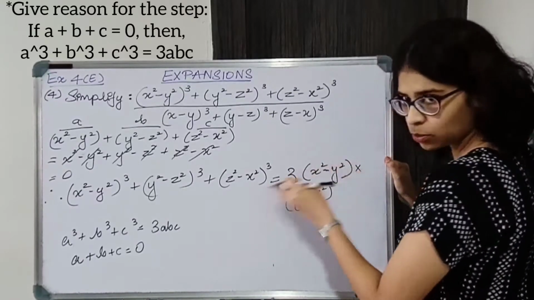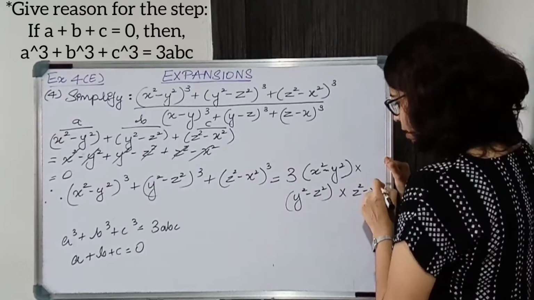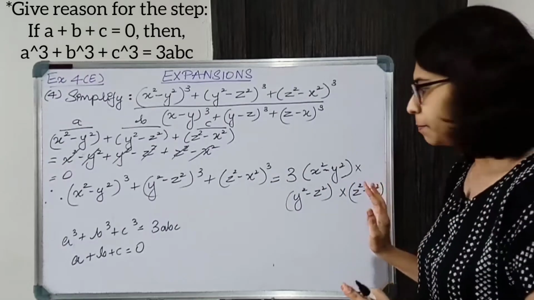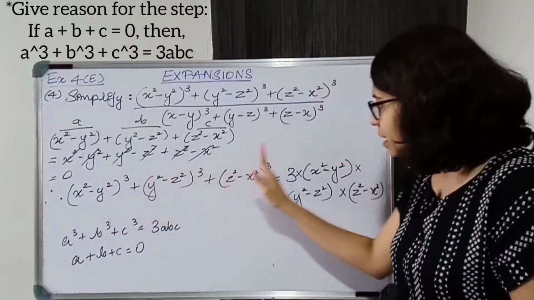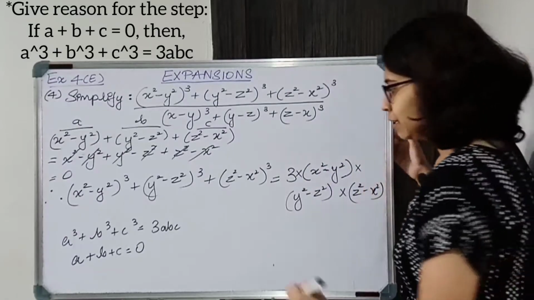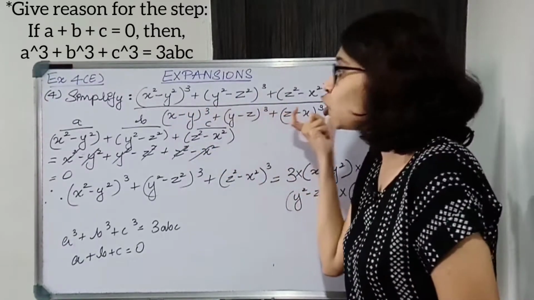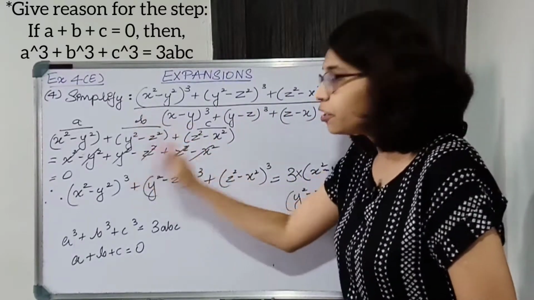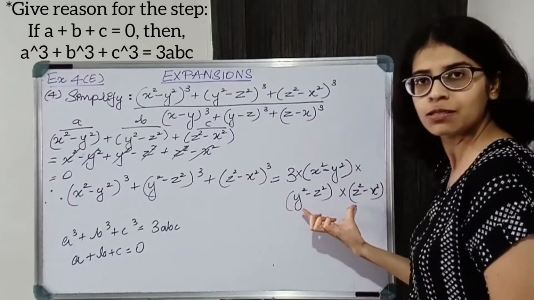Writing it in one line, as I don't have enough space, into z square minus x square. So a cube plus b cube plus c cube is equal to 3 into a into b into c. Alright, so this is what we get. Now let us check the denominator. We sorted the numerator. In the numerator, in place of this I can write this.